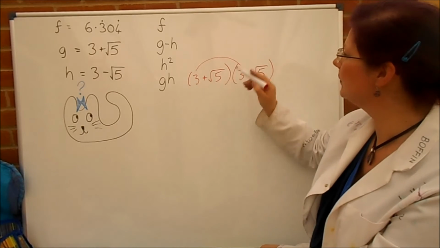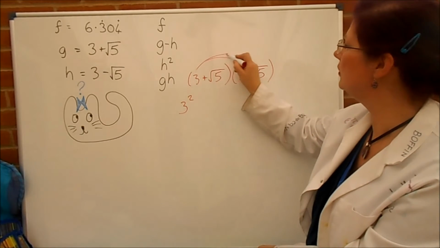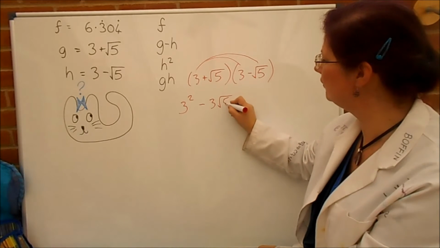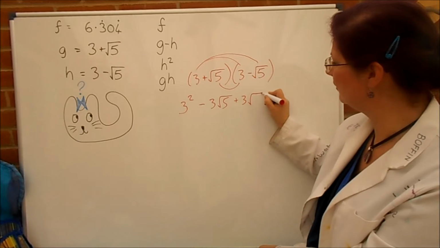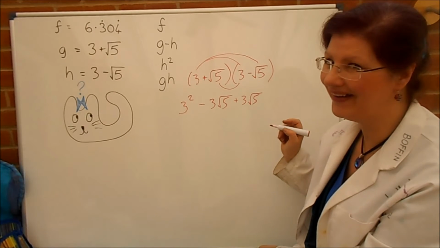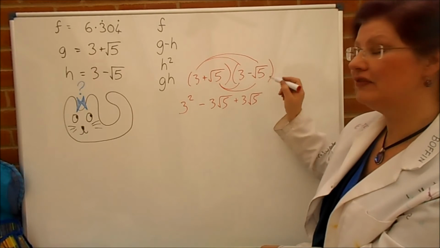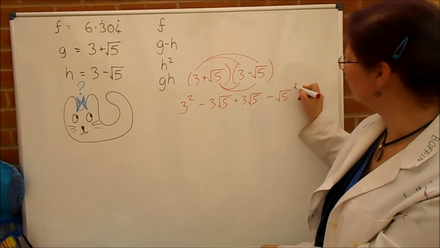So the first two, we've got 3 times 3. The outside two, we've got minus 3 root 5. The inside two, we've got plus 3 root 5. And for the last two, we've got a plus root 5 times a negative root 5, which is a minus root 5 squared.